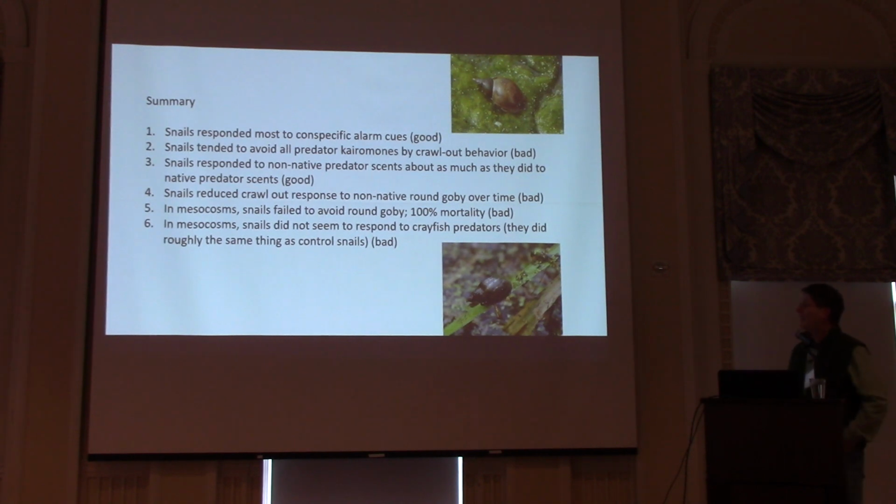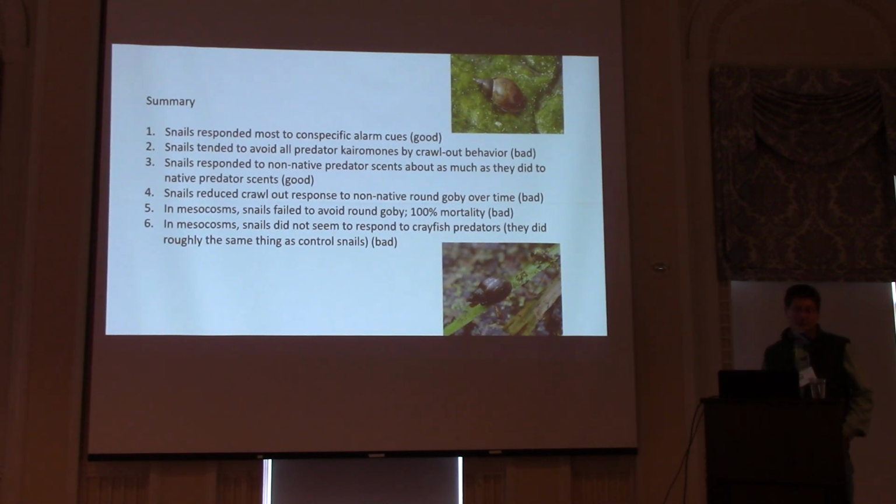So, we started off with the snails behaving badly. As you now recognize, it's not about switchblades and graffiti. Sometimes they don't respond to predators the way you would expect them to in an adaptive fashion. They did respond to conspecific alarm cues. That's good. They tended to avoid all predator kairomones regardless of the type of predator by the same behavior, and that was crawl-out behavior.